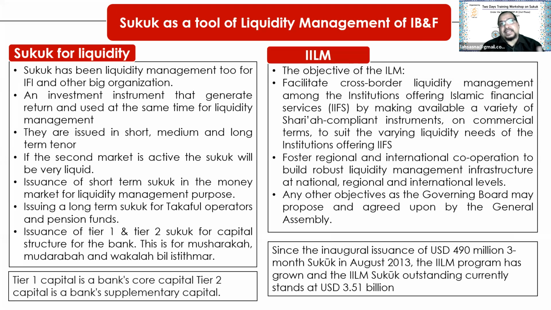But when Basel revised tier one and tier two capital in banking, and the requirements became compatible with the Musharaka and the Mudaraba, we started to see some Sukuk issuance in tier one and tier two, and that's a very good initiative by some banks that encourages equity issuance on one hand, and number two, it is for liquidity and capital structure purposes. So it enhances the Sukuk issuance market.